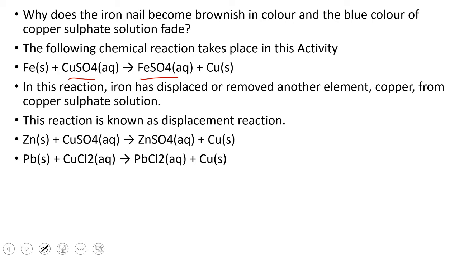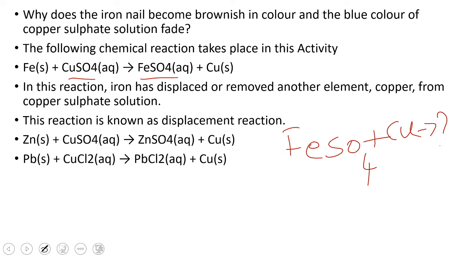Now, I have a doubt. If I take ferrous sulfate solution and I add copper metal, will the same reaction take place? Like copper displaces iron and forms copper sulfate, iron is formed. Will the reverse reaction take place or not?